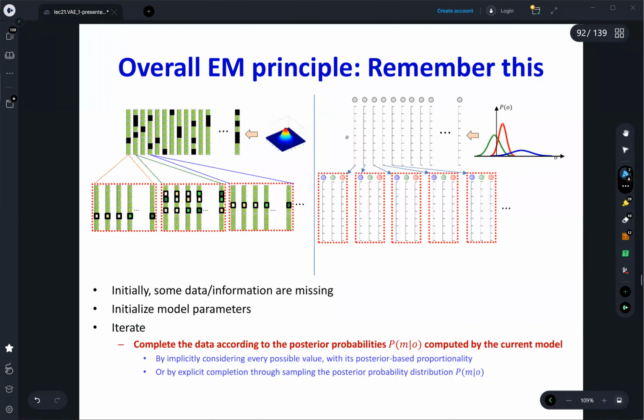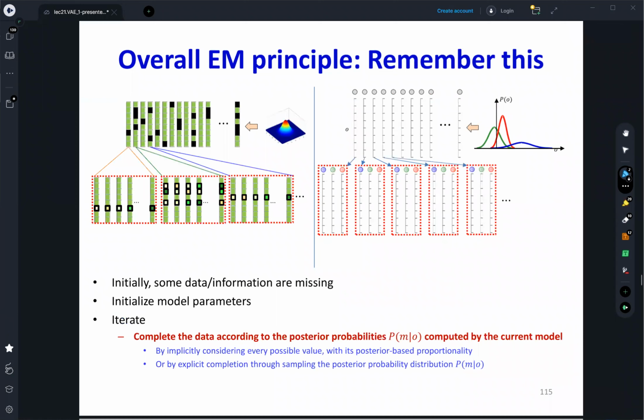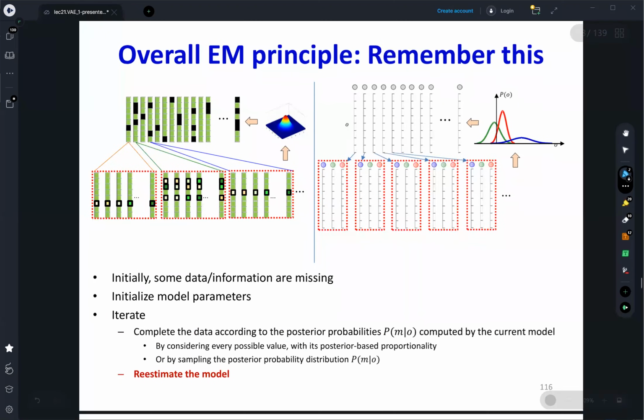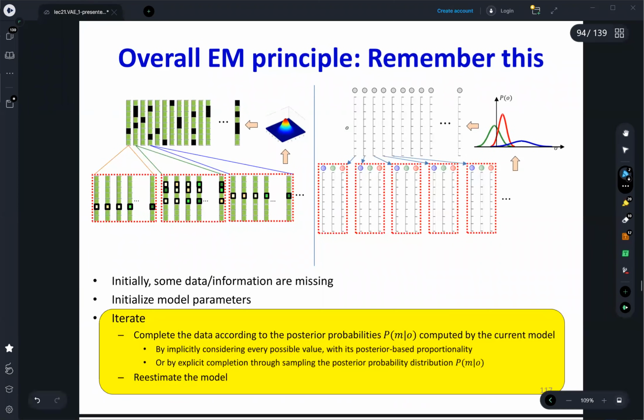We're going to complete the data according to the posterior probabilities computed using the current model parameters, either by implicitly considering every possible value or by explicit completion through sampling using the posterior probability distribution. And then using the completed data, you're going to re-estimate the model and you're going to iterate. This is the whole process. And once you state it in this manner, the process actually becomes very intuitive and simple, right?